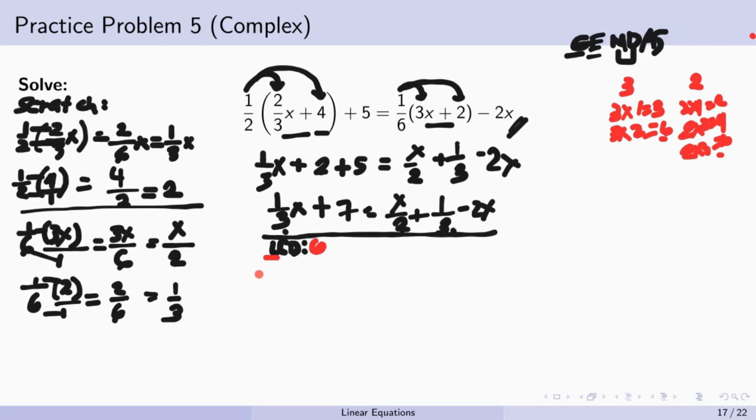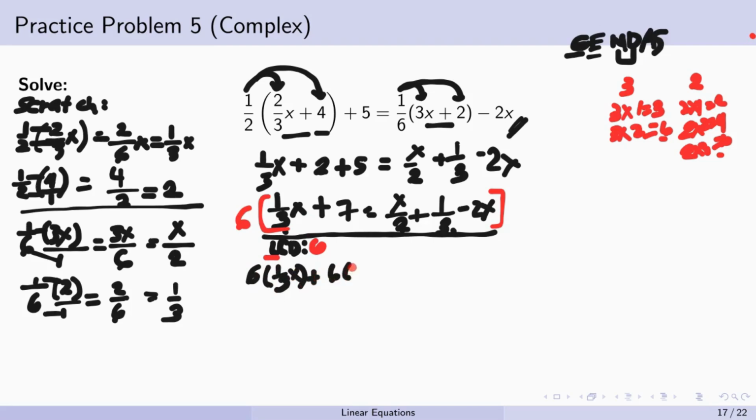So what we're going to do is to multiply 6 to every term of the given equation. So multiply 6 to every term. That means we need to multiply it one by one. Let's start with 6 times 1/3 x. So I'll be writing it here. 6 times 1/3 x plus 6 times 7.